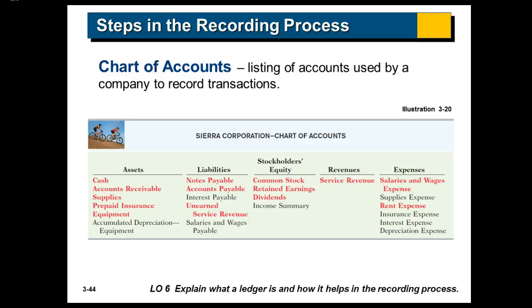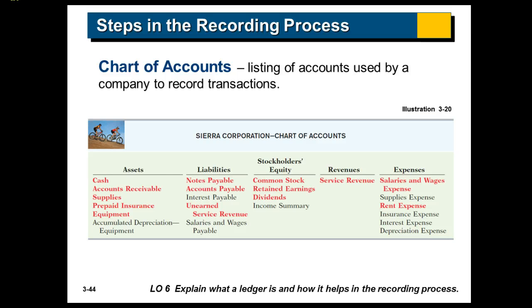Now, all these various accounts that we're talking about, all combined are called a chart of accounts. Chart of accounts is basically listing all the accounts companies use. Now, some companies may use certain types of accounts that other companies may not use. So, for example, I'm a CPA practice. I don't have cost of goods sold.